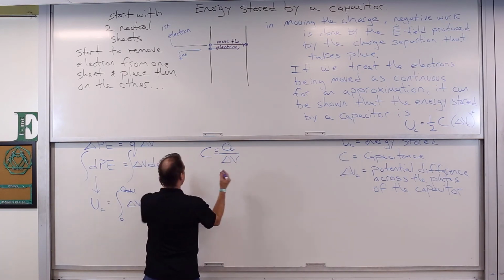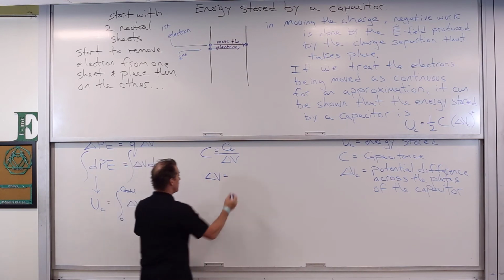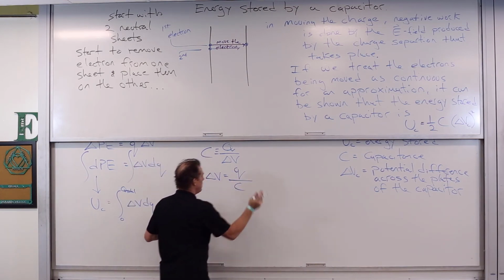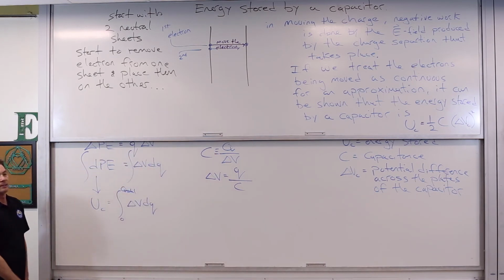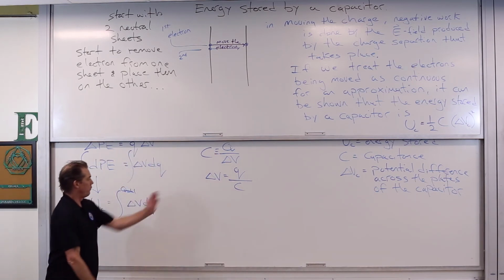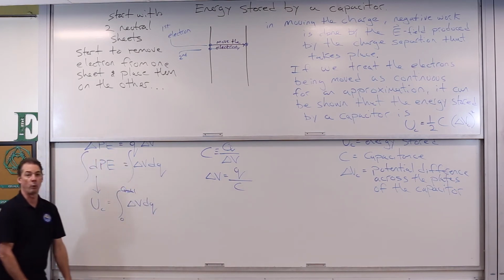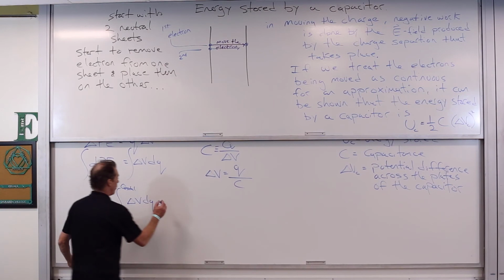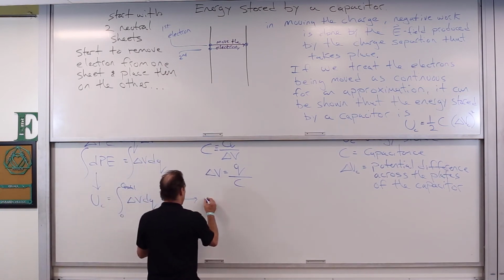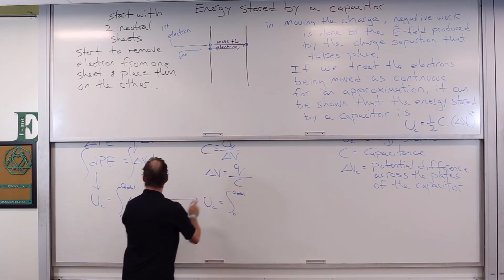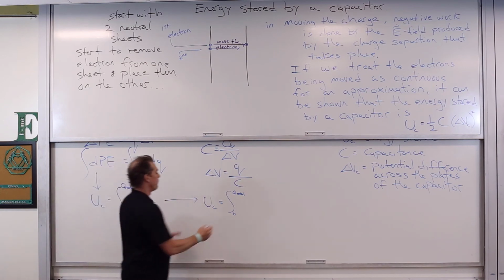So what we can do is say that delta V depends on Q, and I'm going to call it little q, and the capacitance. And again, as we move more and more charge over, we get a greater and greater potential difference. So we'll take this right here, and now we can say that U sub C is equal to the integral from 0 to Q total of 1 over C times q dq.